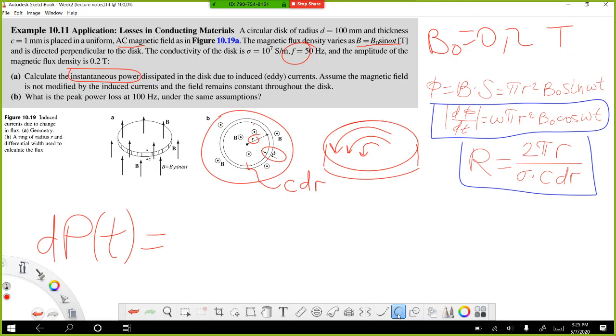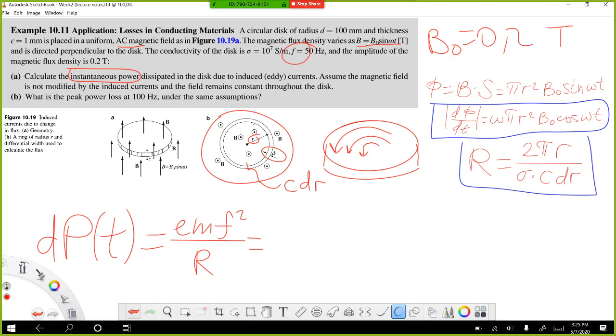Okay, the differential power dissipated in the ring will be equal to the electromotive force, or V, squared over R.